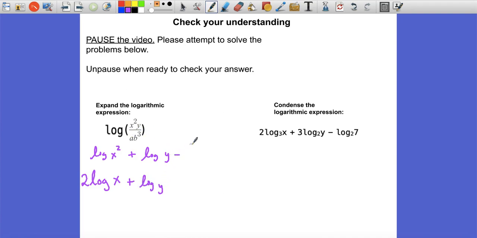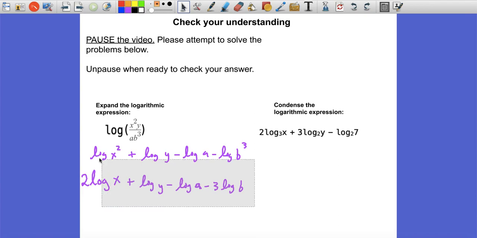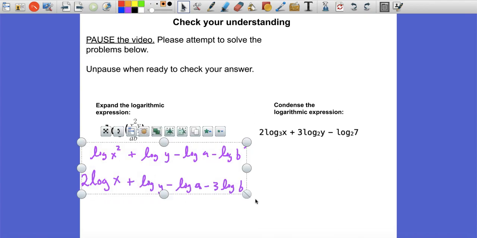Then I'm going to have subtracting log a. Since there's no exponent there, that one's done. And then lastly, we've got minus log of b cubed. The 3 is the exponent, so that can come out front and be minus 3 log b. And that right there, that's our final answer for that particular problem.